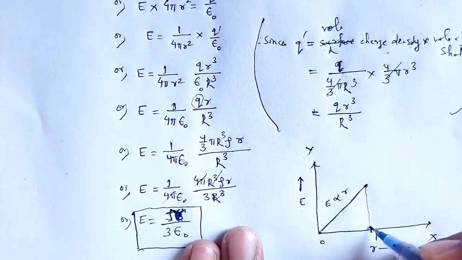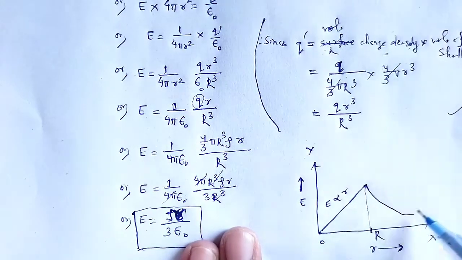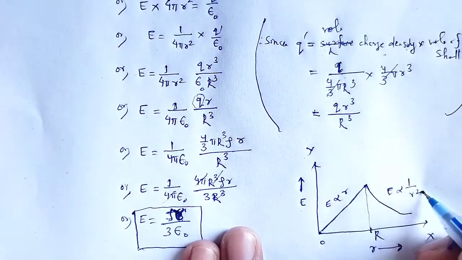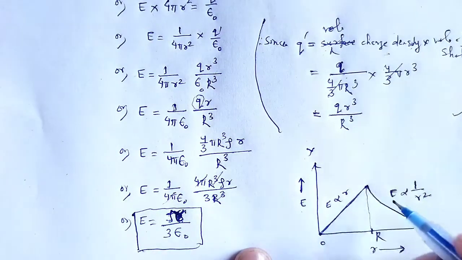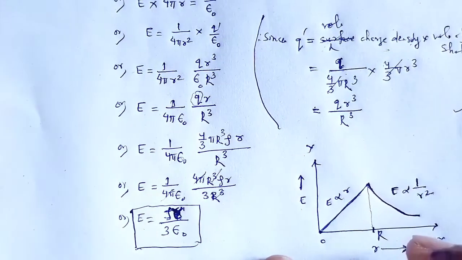After that peak it gradually decreases, inversely proportional to 1 by r square. With the help of that graph we can conclude how electric field intensity varies with the distance.